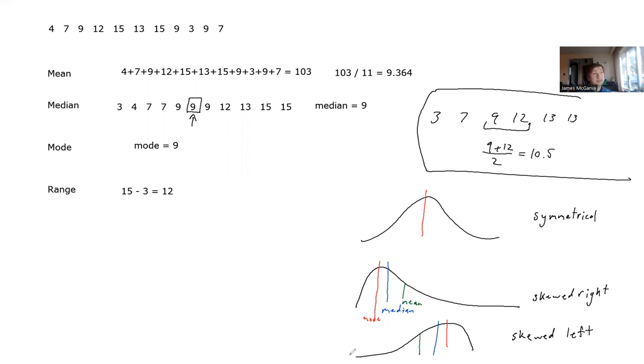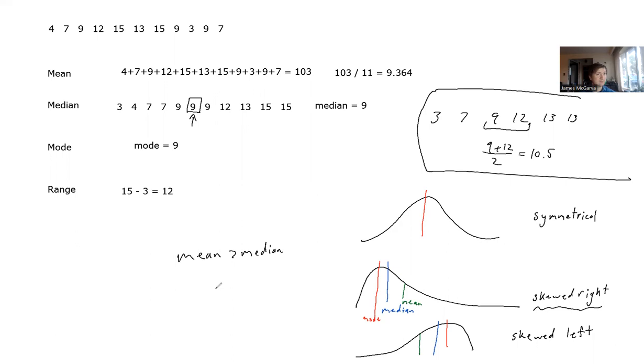So based on this data, the fact that the mean is higher than the median would indicate to us that it might be a little bit skewed right. We're not going to be able to be certain just from that one piece of information.